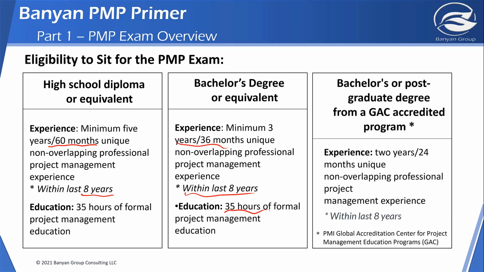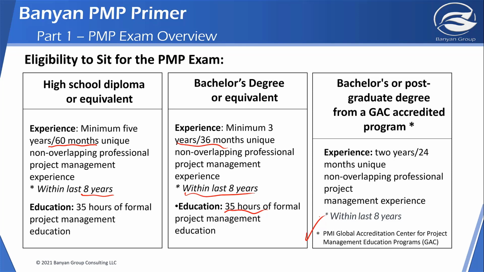Now there's a third category here. If you have a bachelor's degree or postgraduate degree and you have a project management degree, and you can see there from a GAC accredited program. If you look at the bottom there, we have PMI Global Accreditation Center for Project Management Education Programs, or GAC.